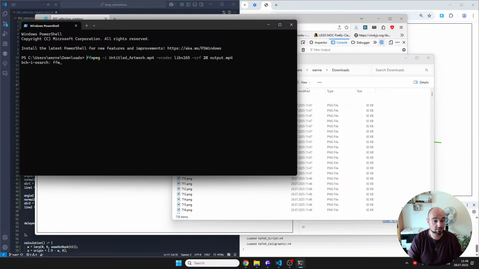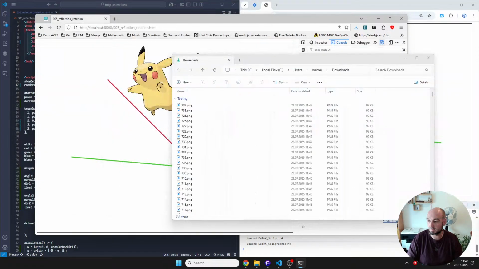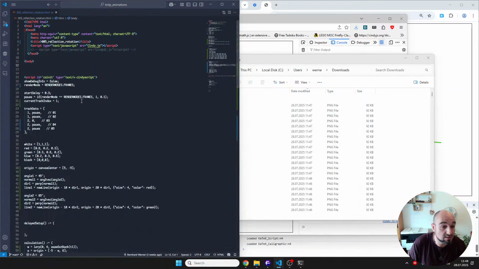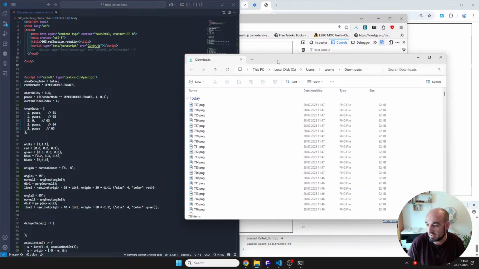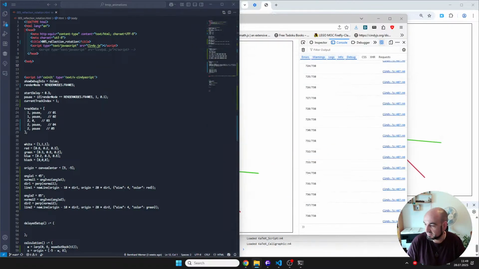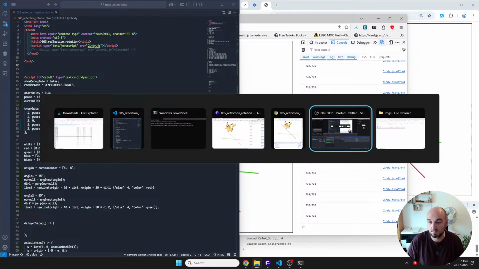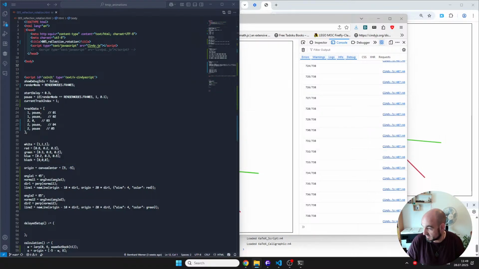FFmpeg it. Oh no, oh, I don't have the, let me quickly, do I have it here? Oh, I don't know the command I'm usually using. So I have all the frames, but let me quickly see whether I can find the command I need.